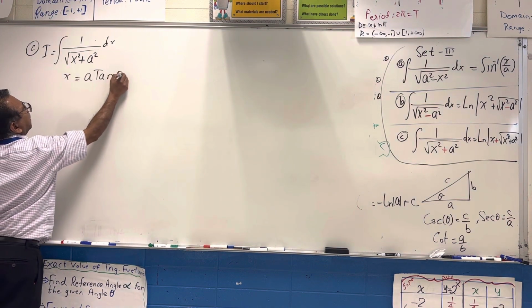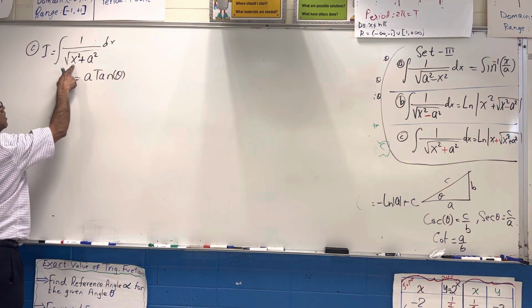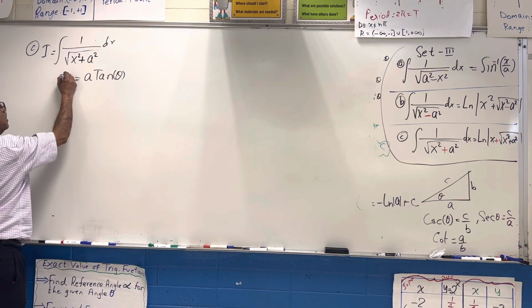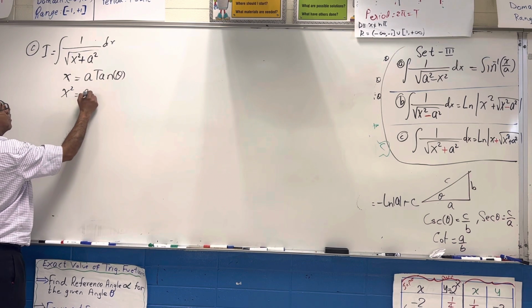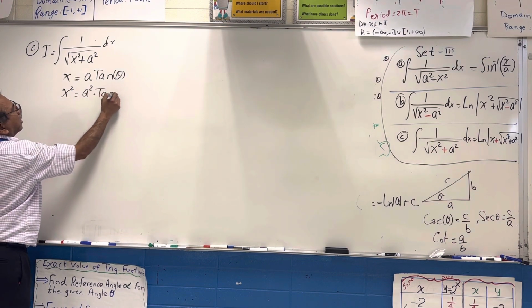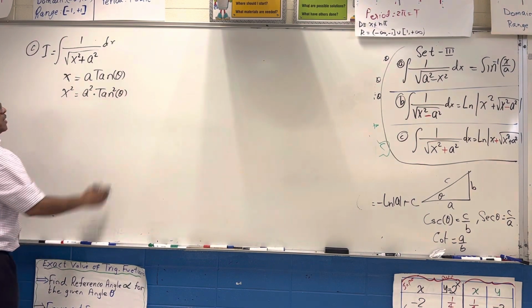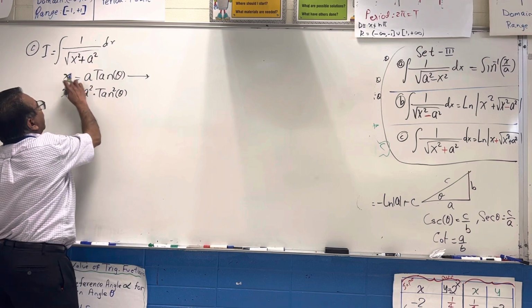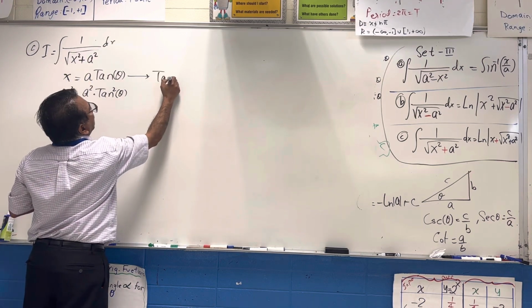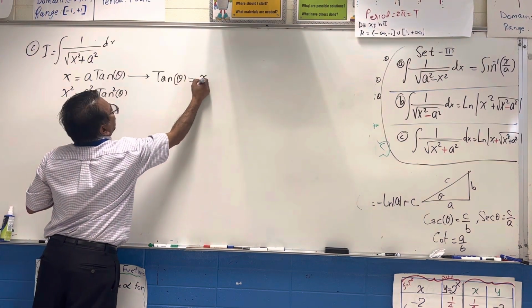Why? What is the reason? Because there's a square, when you replace x squared, this is like a squared and tan squared theta, see? So it becomes easy. And at the same time, if we divide by a on both sides, tan theta is x over a.